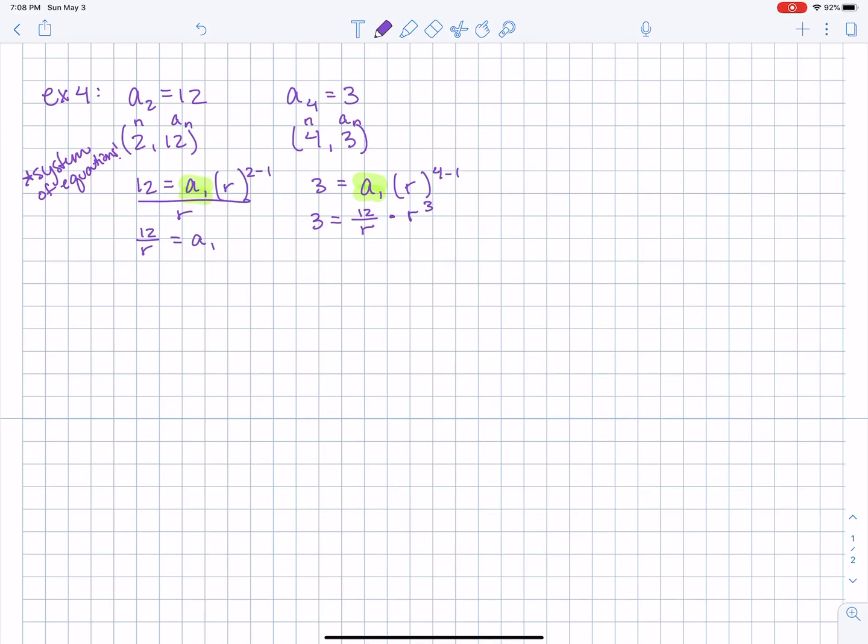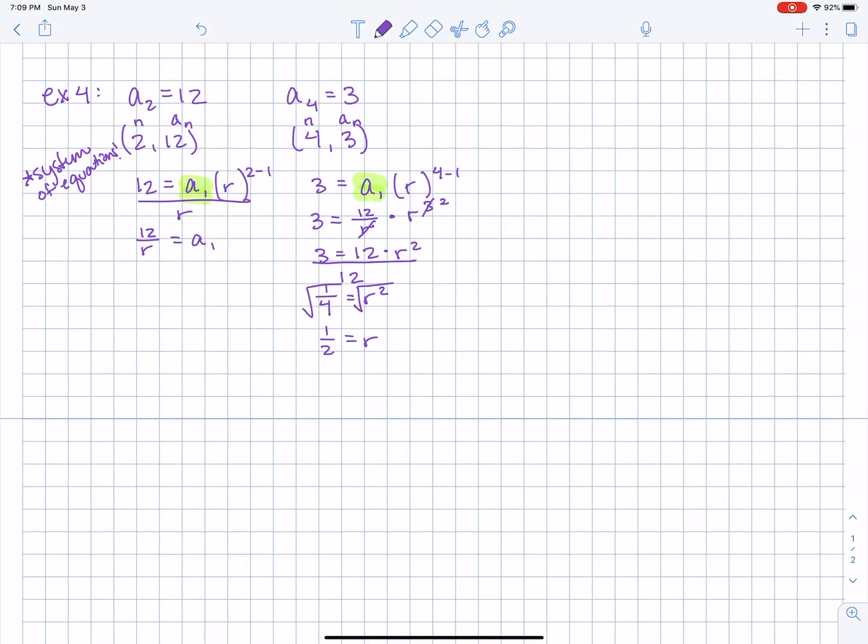And this simplifies to 3 is equal to 12 times r squared, because this cancels out and this turns into r squared. Now I'm going to divide both sides by 12. 3 over 12 simplifies to 1/4. And when I take my square root, it ends up being 1/2 is equal to r.